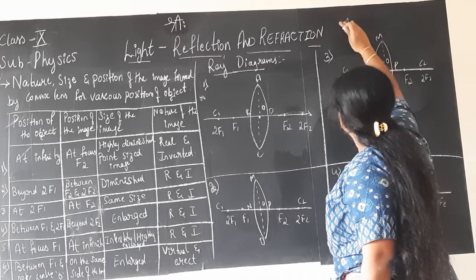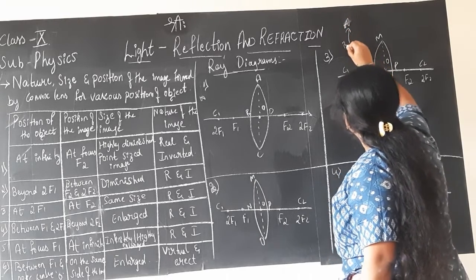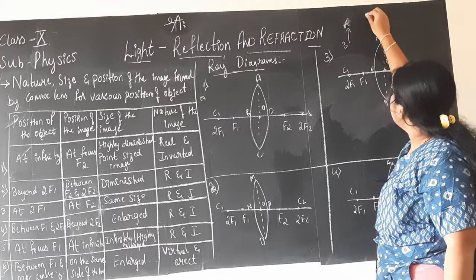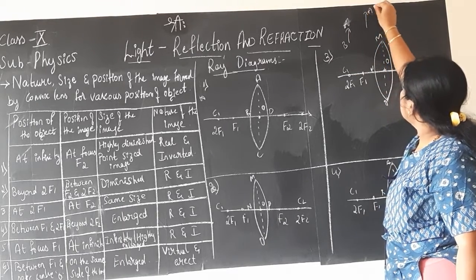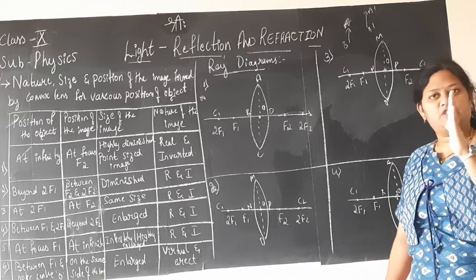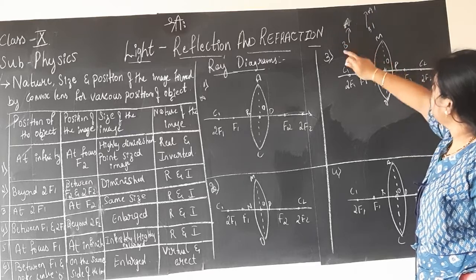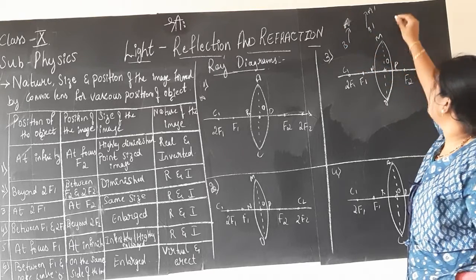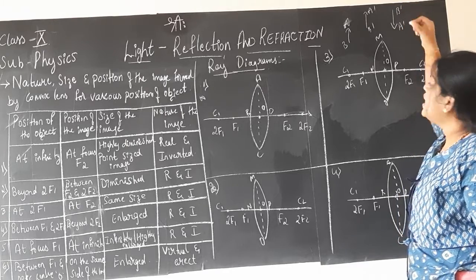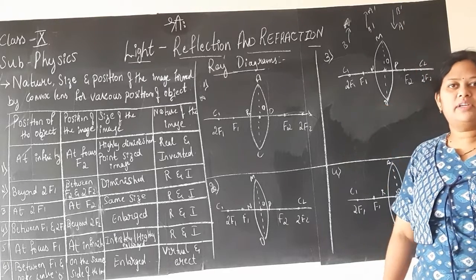We used to write AB. AB is the object. The image is represented by A dash, B dash. If the image formed is erect, that is a straight image, then from AB we represent it as A dash, B dash. For an inverted image, with the arrow head down, we use B dash, A dash to represent it, children.